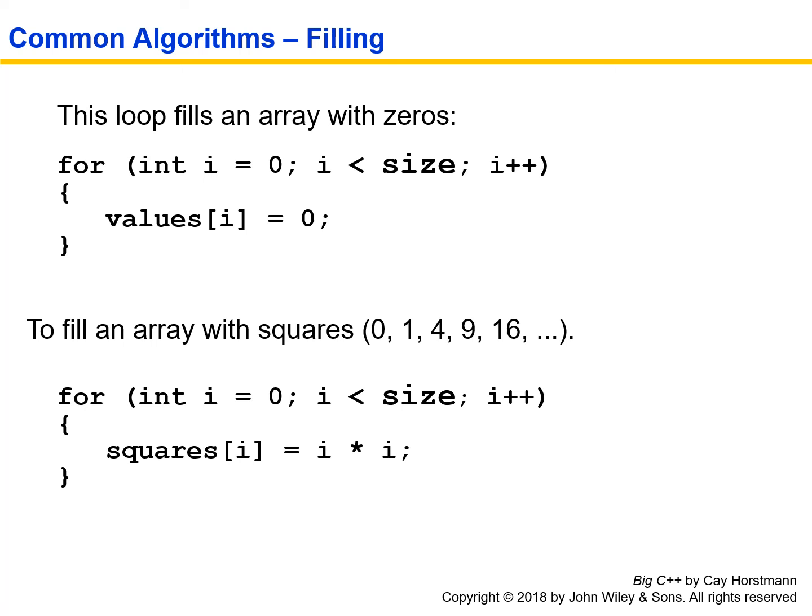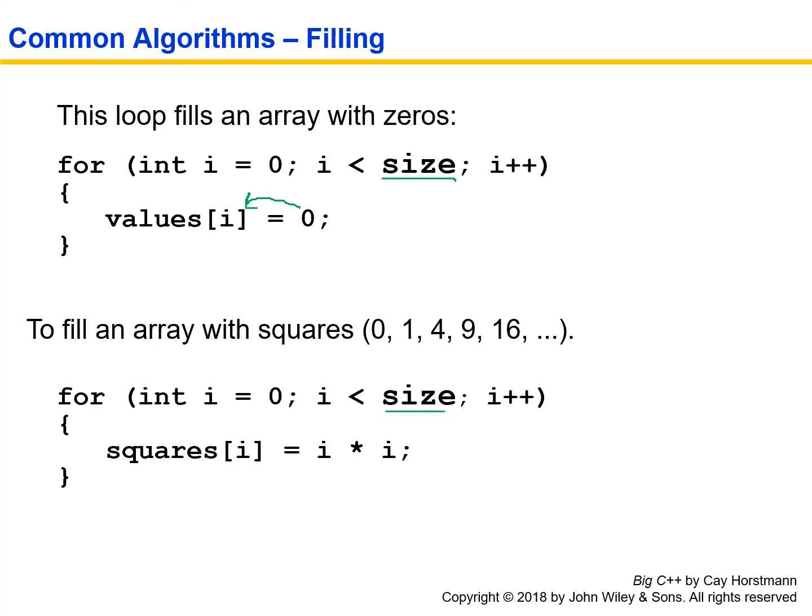One that's new is filling an array. If you want to fill an array with zeros, you just create a for loop that goes up to the given size and stores 0 in each value in the array. What if you want something more interesting, like all the perfect squares up to a given size?